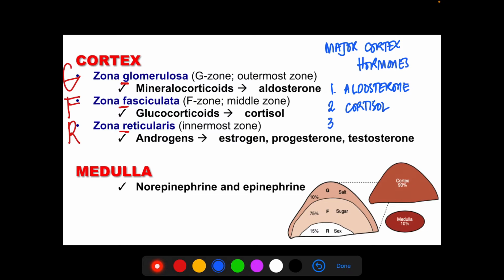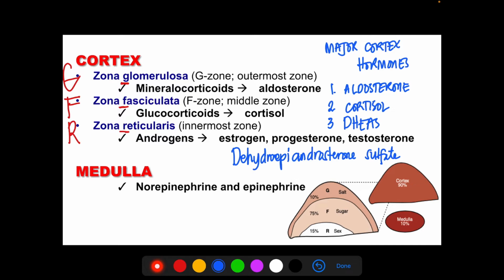And number three, DHEAS, the main adrenal androgen. DHEAS stands for dehydroepiandrosterone sulfate. Those are the major hormones of the cortex.